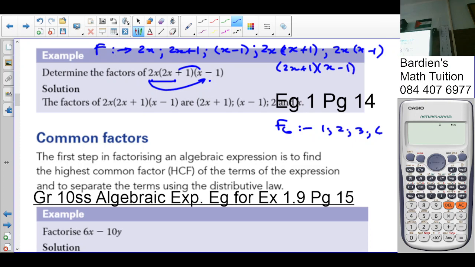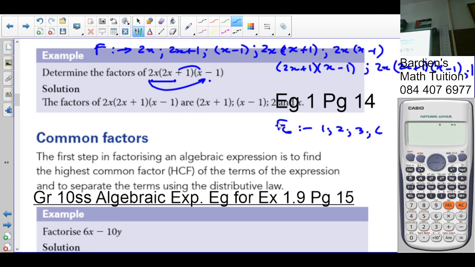Not so? Alright? And it can be everything, which is 2x into 2x plus 1 and x minus 1, and it can be 1. I think that's behind the photo there, but it could be 1 as well.